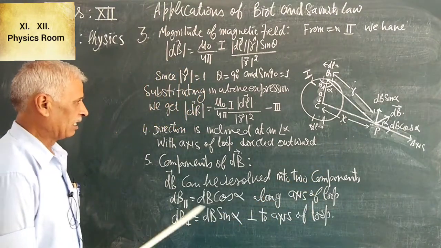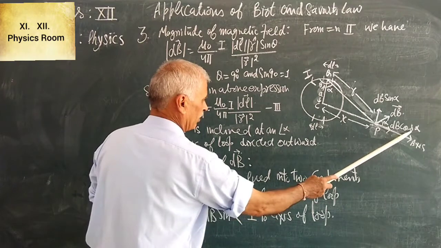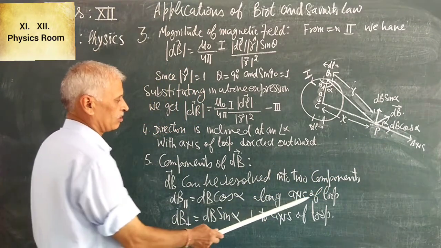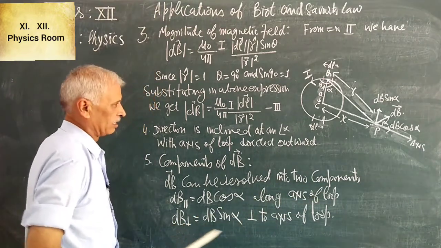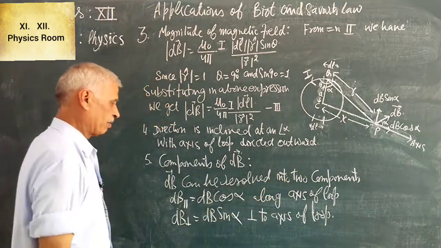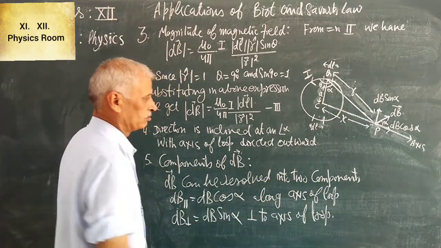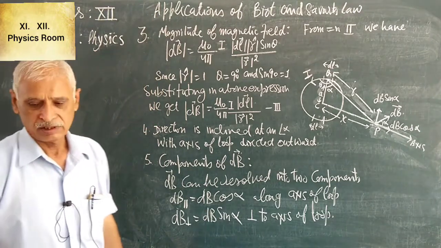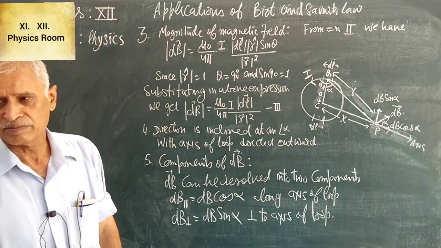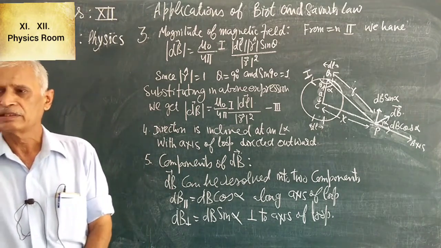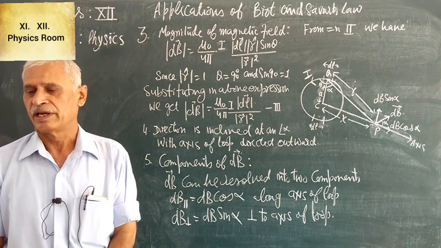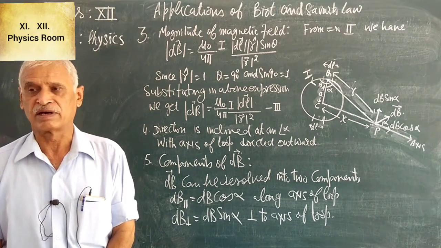Now dB parallel is equal to dB cos alpha along the axis of the loop, and dB perpendicular is equal to dB sin alpha, perpendicular to the axis of the loop. So these are the two components. So vector dB can be resolved into a parallel component dB cos alpha along the axis of the loop, and a perpendicular component dB sin alpha perpendicular to the axis of the loop.